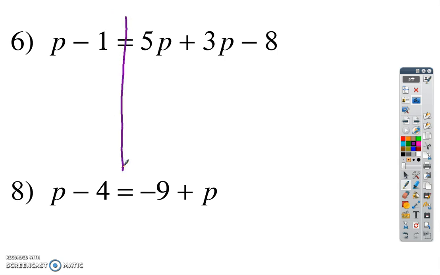And that you look to see if there's anything you can do on either side. So is there something that I can do on the left side? Can I combine these two? No. So leave the left side alone. Is there anything I can do to the right side to make it smaller, to simplify it? The two p's can be put together, so we're going to combine like terms.